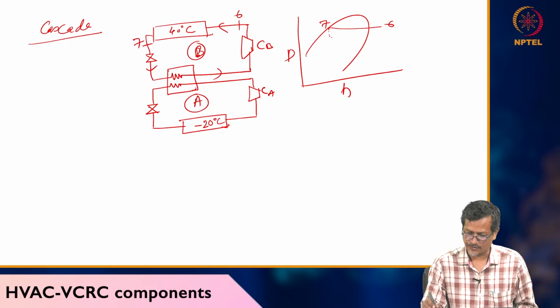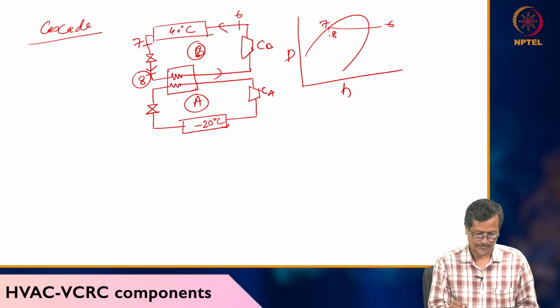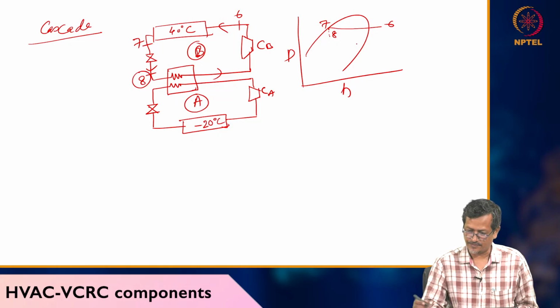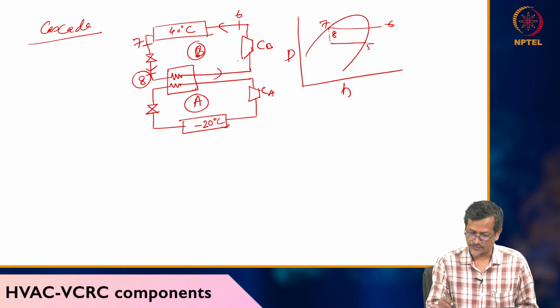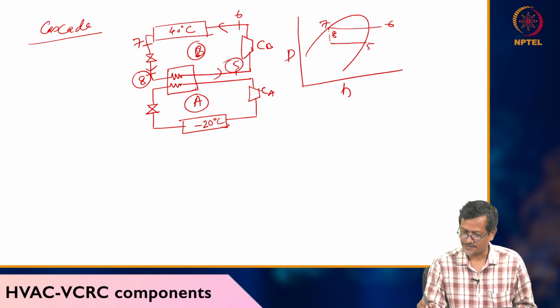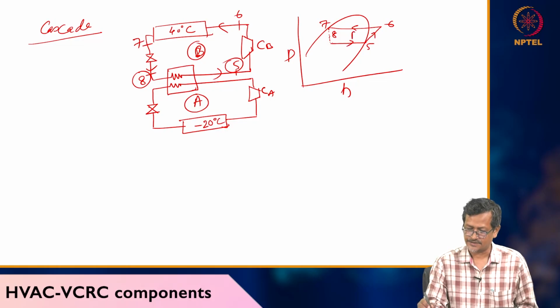Throttling means I put a dotted line, 7 to 8, then 8 to 5, then my compressor. This is the top cycle, and this is B.